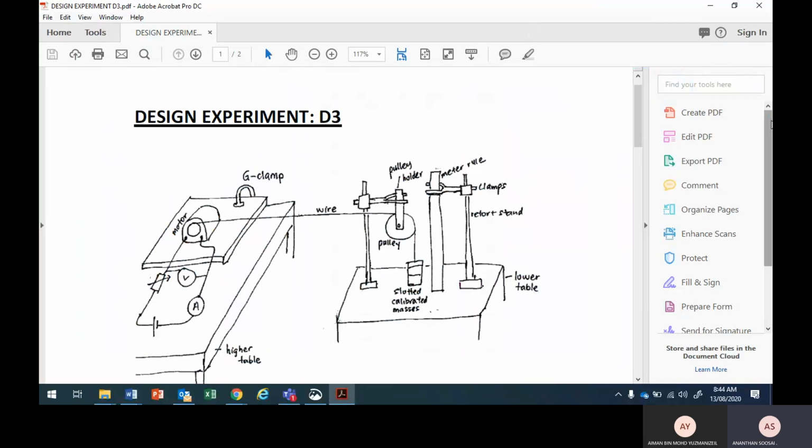It's not wrong. It's good to have 3D if you have time. If you don't have time, 2D. But as long as the connections are all correct, okay. So the voltmeter has to be parallel to the motor, and the ammeter is in series with the source.